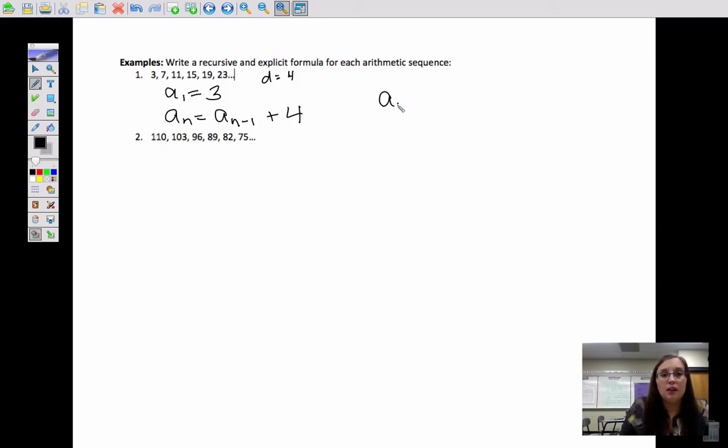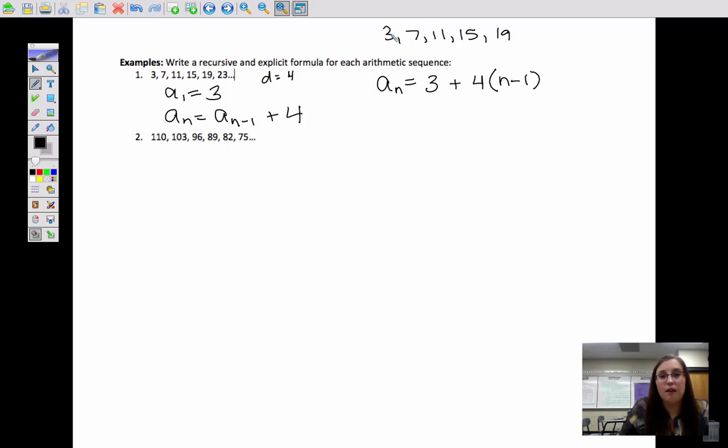And then the explicit formula we're going to find by following that format, but I want you to understand where it comes from as well. We take the first term and we are going to add the common difference and we're going to multiply that n minus 1 times. Because let's say we're on the fifth term, so 3, 7, 11, 15, 19, that's the fifth term.